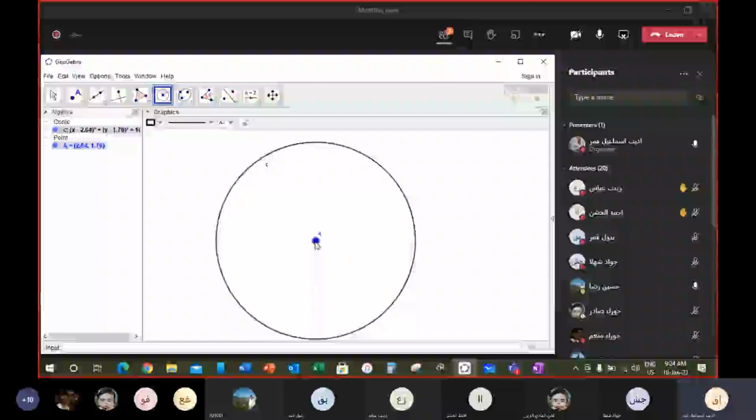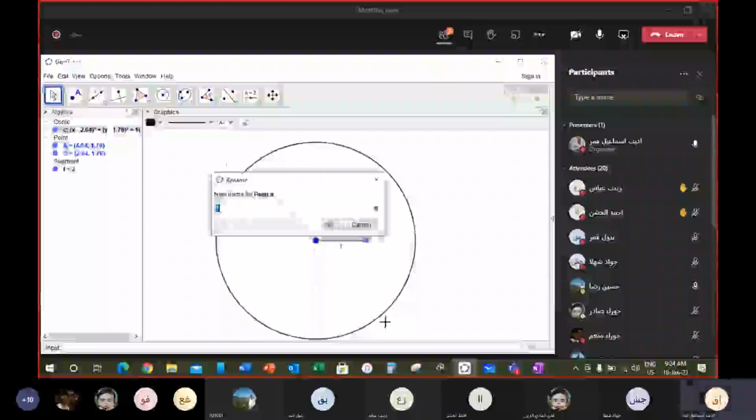Let me take a segment with the given length. So this is point M, such that OM equals 2 centimeters.